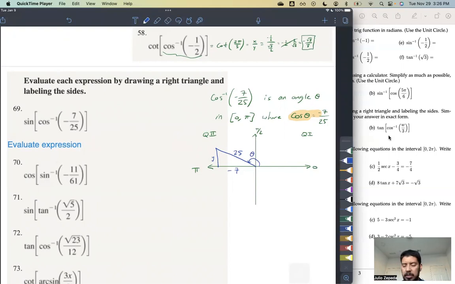We can do this using the Pythagorean theorem. x squared plus y squared equals 25 squared. 49 plus y squared equals 625. And let's subtract 49, that's like subtracting 50, but not quite.